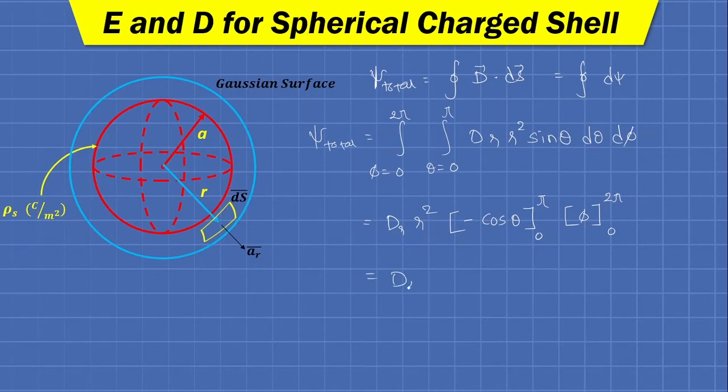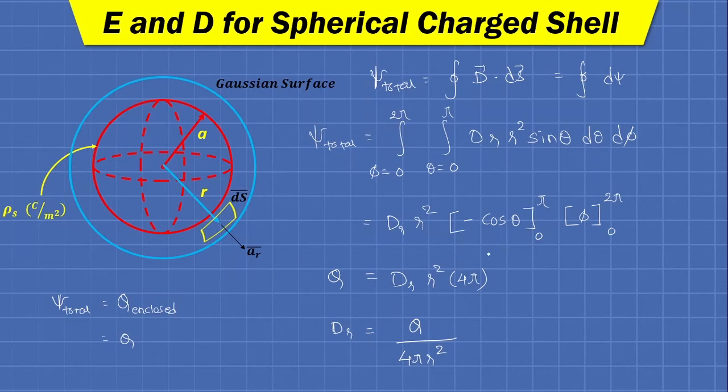Simplifying this, we get Dr into r square into 4 pi. Here psi total is nothing but the charge enclosed, so it has enclosed the whole charge. So Q equals Dr into 4 pi r square, and the value of Dr will be Q upon 4 pi r square.